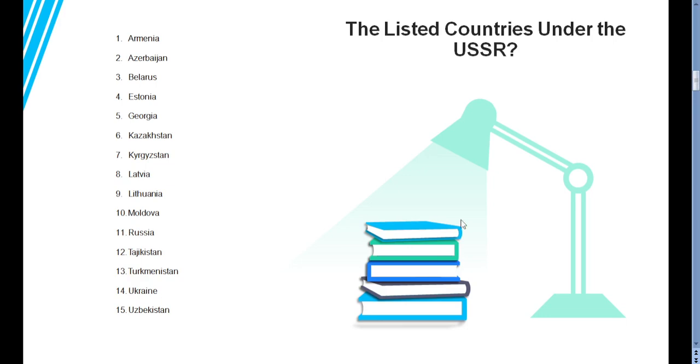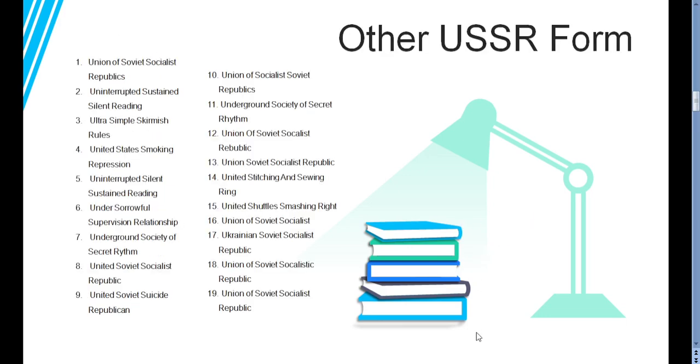The other forms of USSR number 19, of which the first is Union of Soviet Socialist Republics.